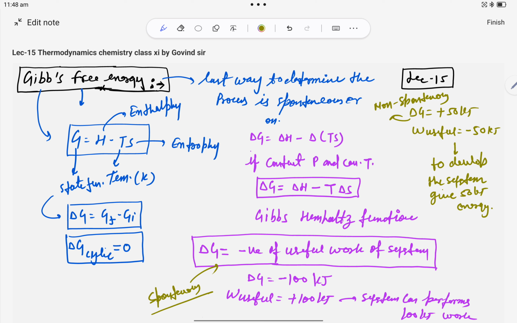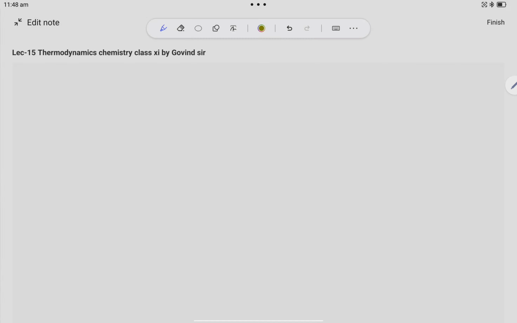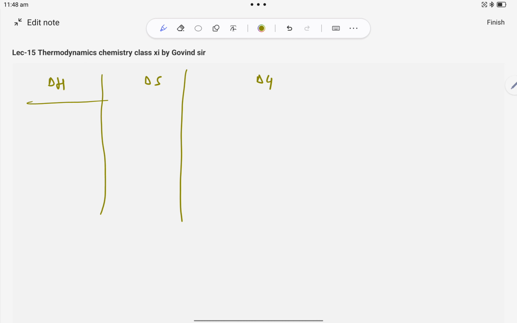Now we will check the condition for delta H, delta S and delta G. What is the favorable condition, children, for delta H?